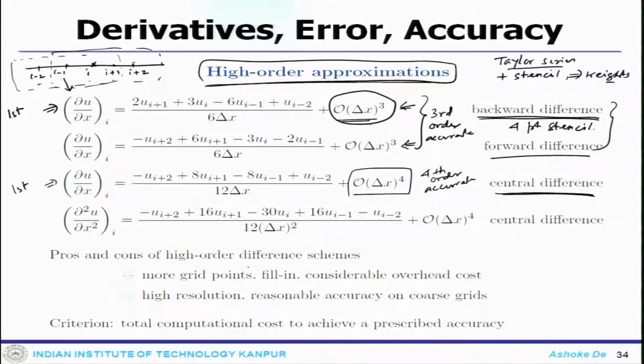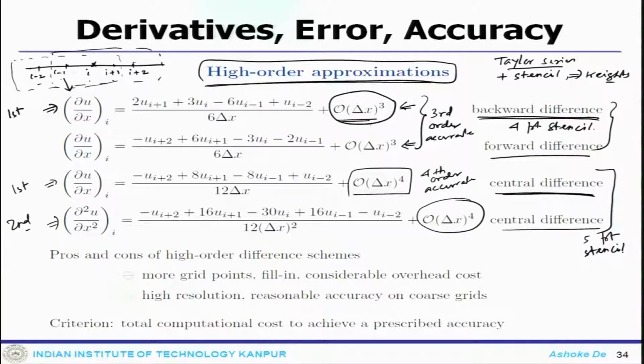Now, at the same time, using all these 5 points, if I find out the second derivative using central difference scheme, this is also fourth order accurate. But the points which you require, now for the central difference scheme, you need a 5 point stencil. That means 2 points ahead of the desired point, 2 points downstream of it.